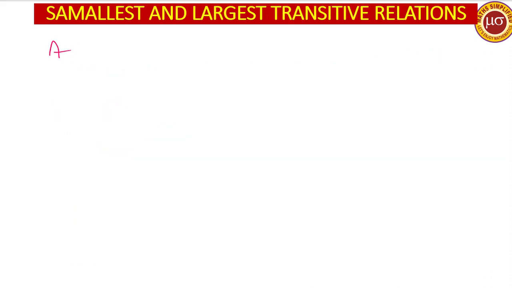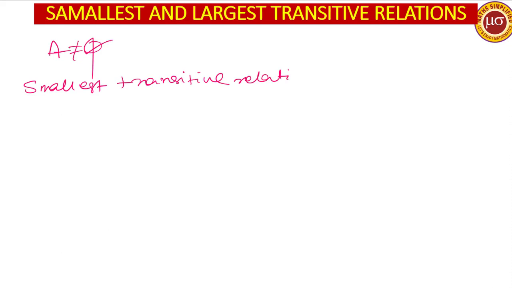Next, coming to the smallest and largest transitive relation. Let A be a non-empty set, A is not phi. Obviously, the smallest transitive relation is phi. Why is it so? Recall the definition of transitive.